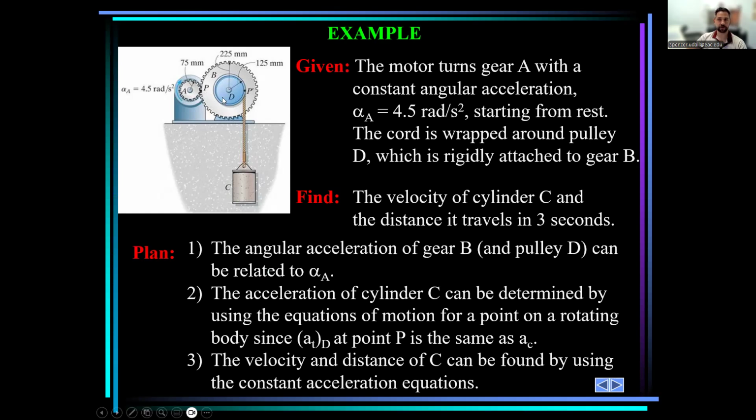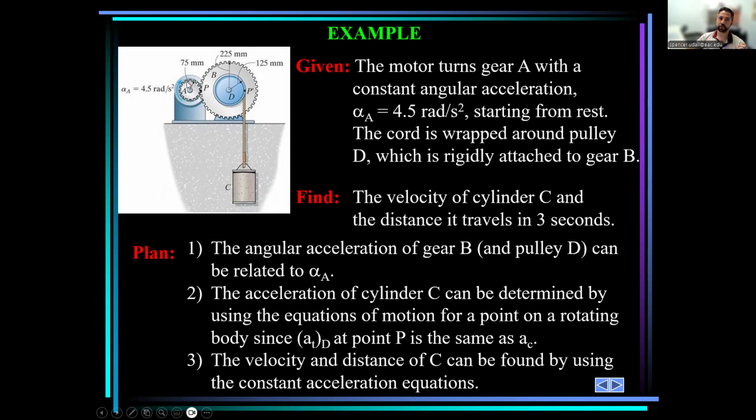So we can't equate those using the linear ones, but what is the same about B and D? They've got the same spinning everything, right? They don't have the same linear anything, but they have the same angular radians, right? Theta, omega, and alpha for our angular position, velocity, and acceleration. So that's how these two are going to be related.